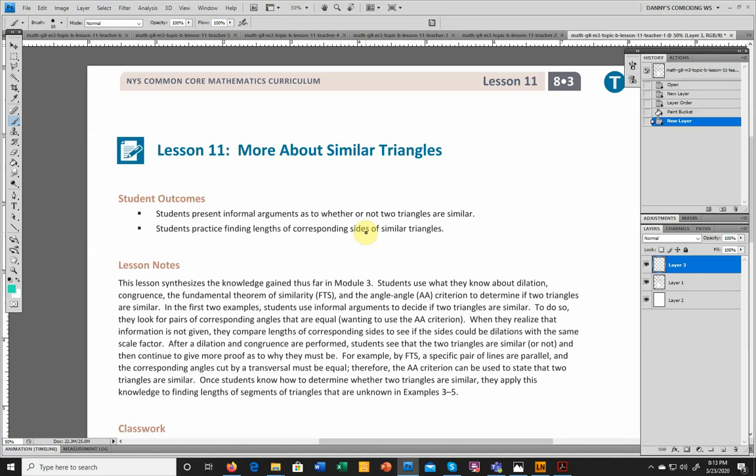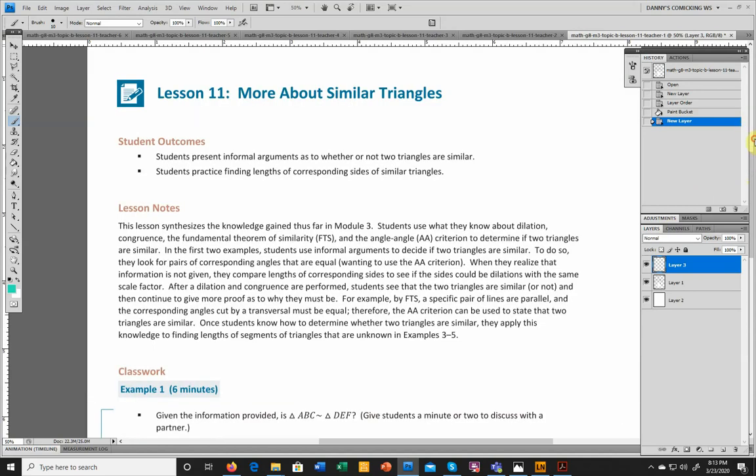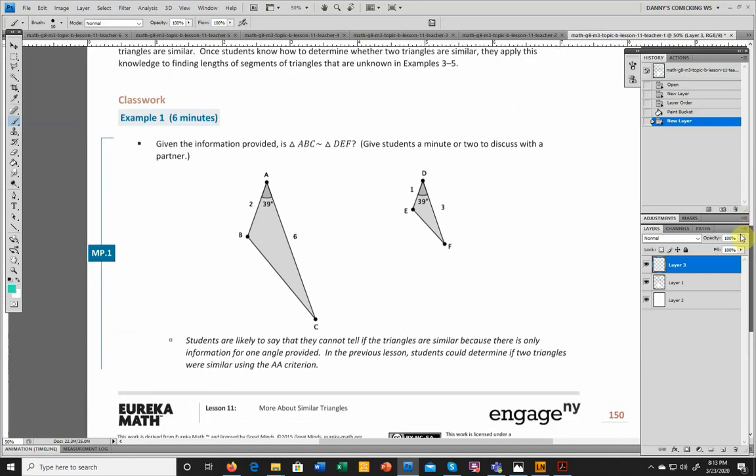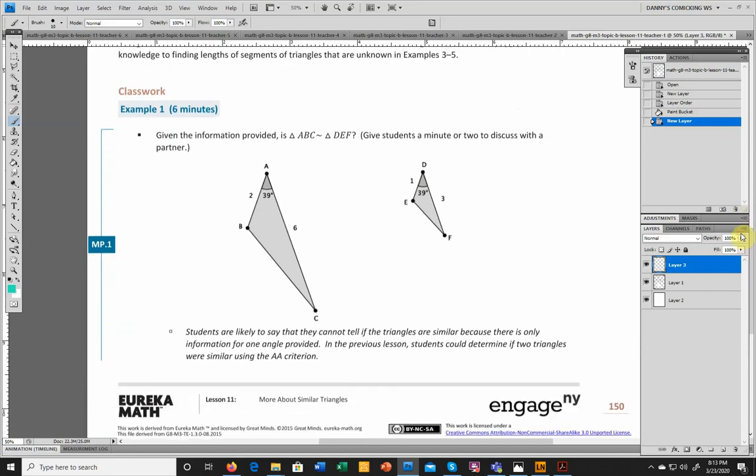That's what similar means in mathematical terms. In normal terms, we know that similar means it kind of looks like. Maybe not exactly, but it looks like. Students practice finding lengths of corresponding sides of similar triangles. So, some of this stuff you guys have done, you might not recognize it in the way that they're presenting it, or you might. We'll see.